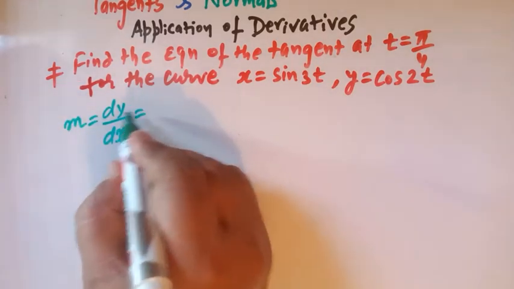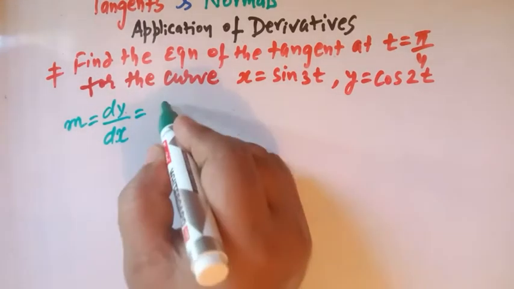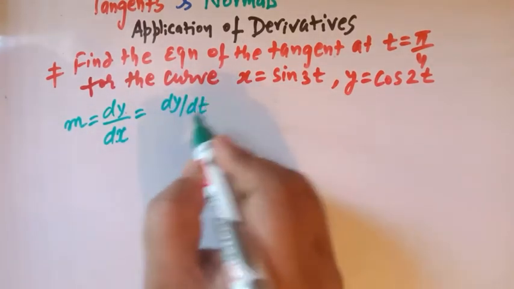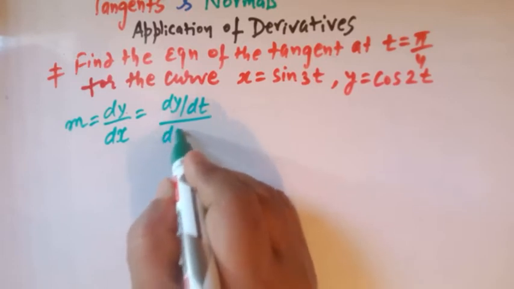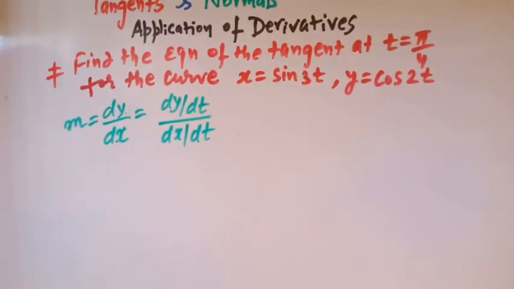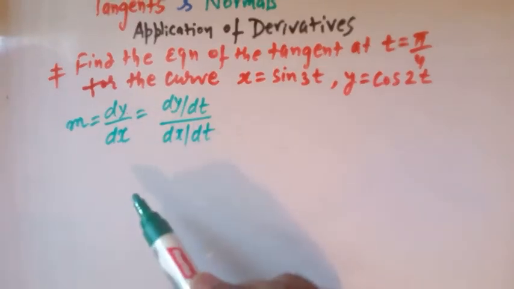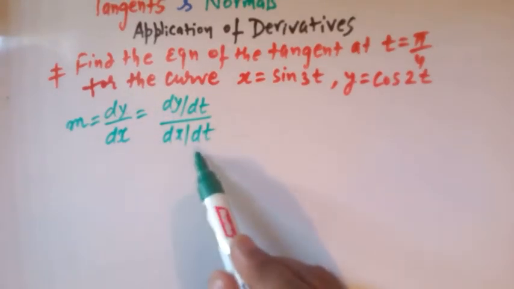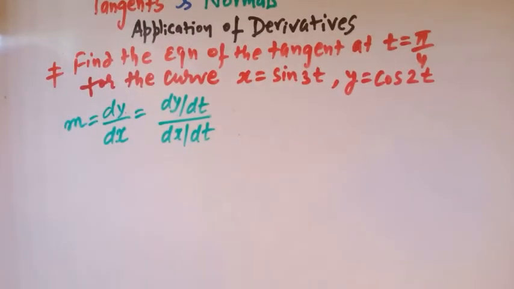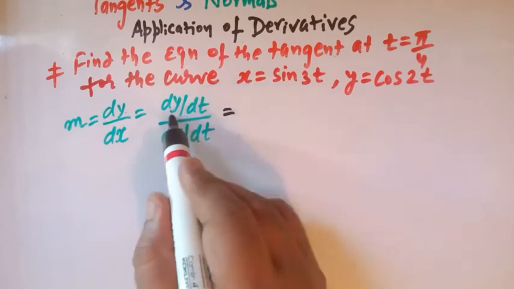Clear? So m is dy over dx, and the dy over dx can be calculated by this expression. We have already studied about it in parametric differentiation, dy by dt over dx by dt. Clear? So let us first find what is dy by dt.